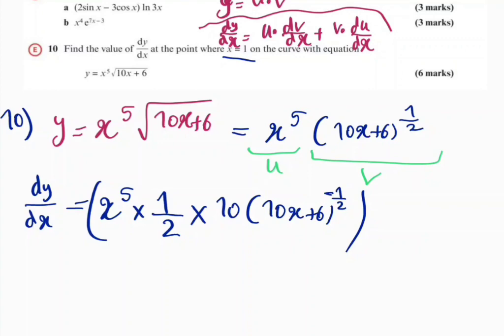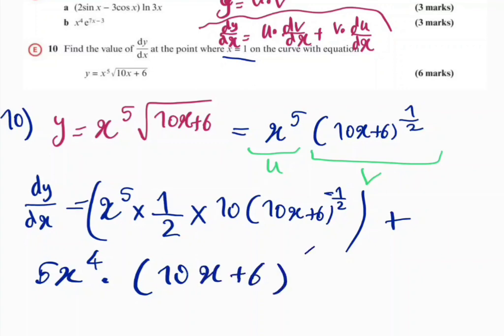Now let's do the second part, which is v times du/dx. So this time we differentiate u, so x to the 5 differentiates to 5x to the power of 4 times v, which is (10x plus 6) to the power of a half.